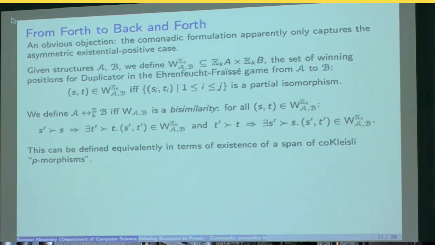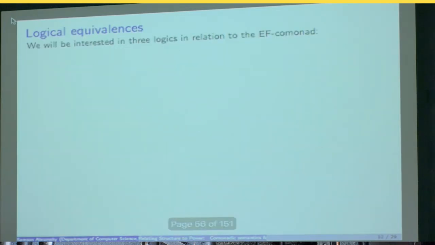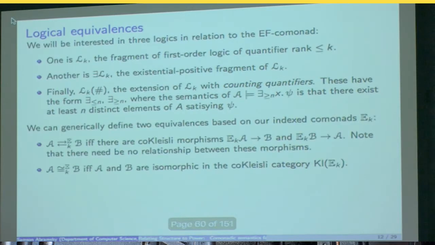Roughly speaking, we know that the relational structures are concrete over sets, and the observation is that this comonad takes us to being concrete over trees, and we can use that language to write this equivalence. But here are two completely generic equivalences, which you can define on structures whenever you have a comonad. One is just the pre-order collapse, and then you take the corresponding equivalence. And the other is isomorphism in the Kleisli category.